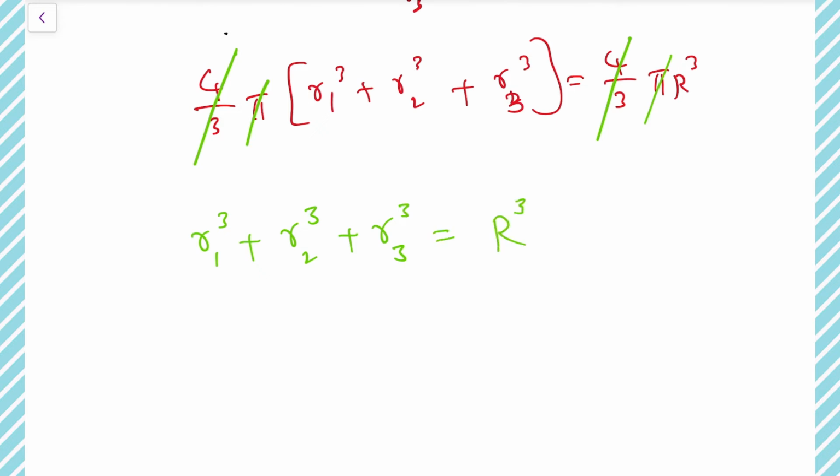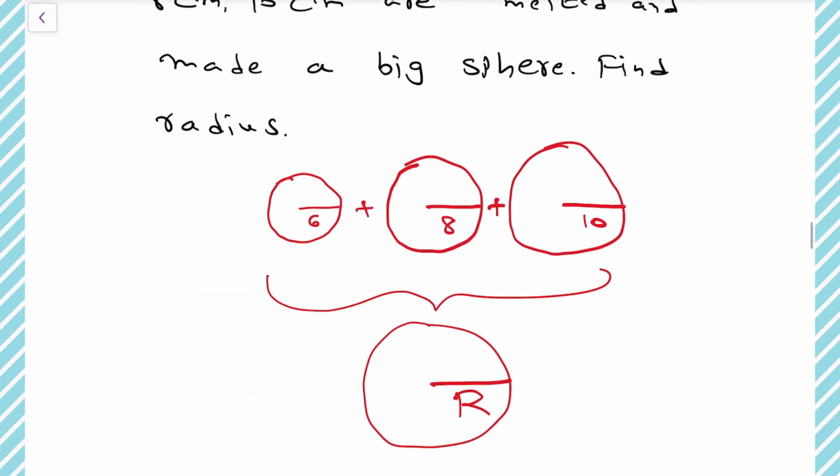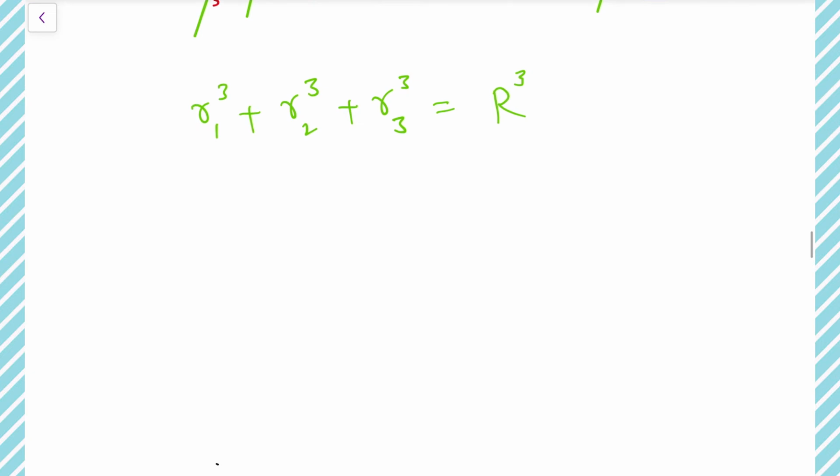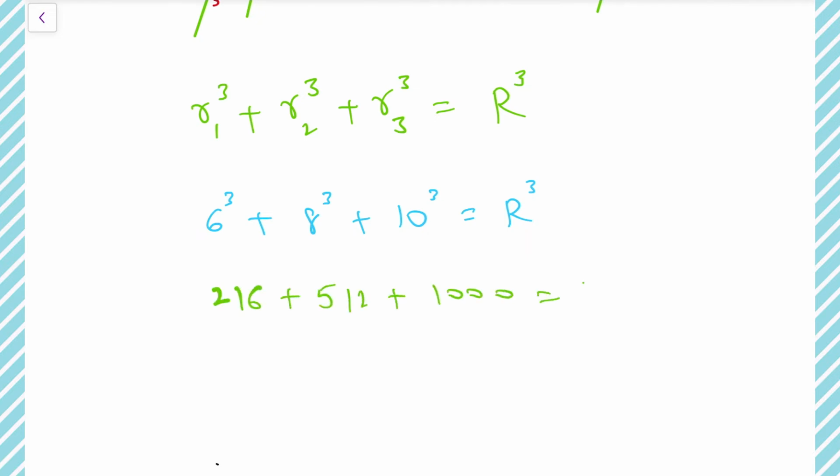Now in the question only they gave clearly that the radii of the spheres are 6, 8 and 10 centimeters. So this is 6 cube plus this is 8 cube plus this is 10 cube, that is equal to capital R cube. 6 cube 216 plus 8 cube 512 plus 10 cube 1000 is equal to R cube. 1000 plus 512 plus 216, so 1728.